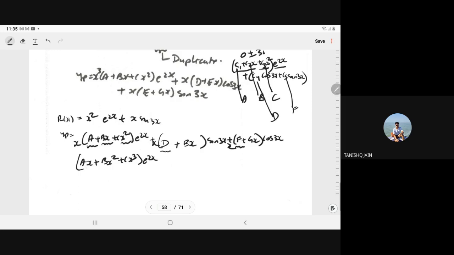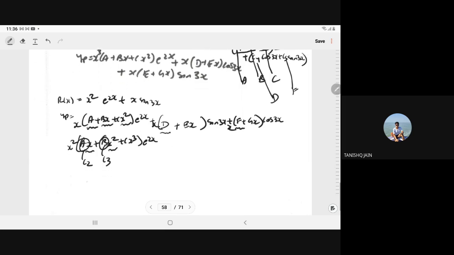But now it is ax, so if you take c2 equal to a, then it will match with this, and c3 equal to b, then again we have the duplicacy at this place. So to avoid that, we multiply with x one more time.